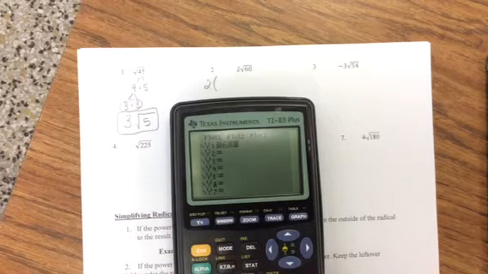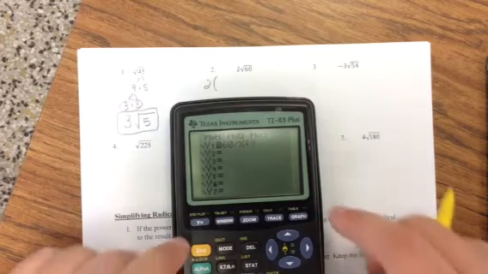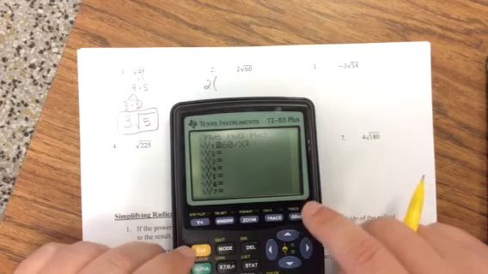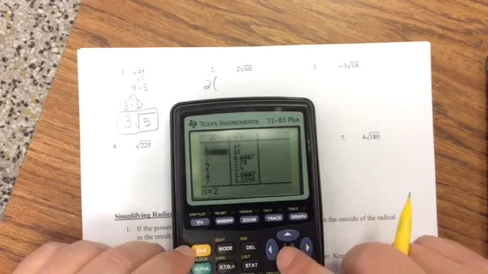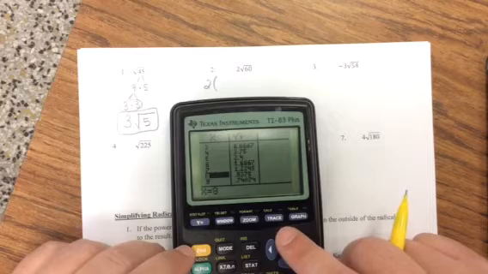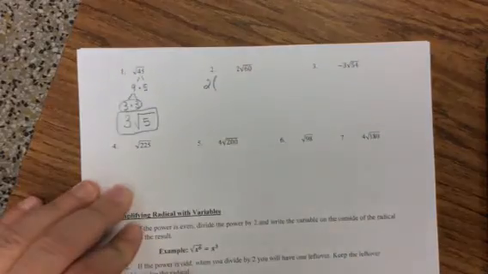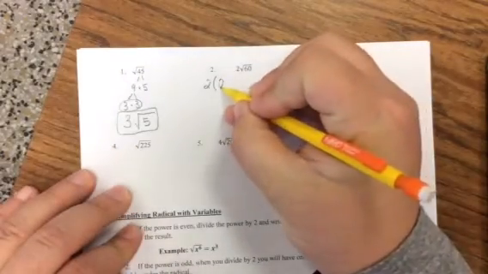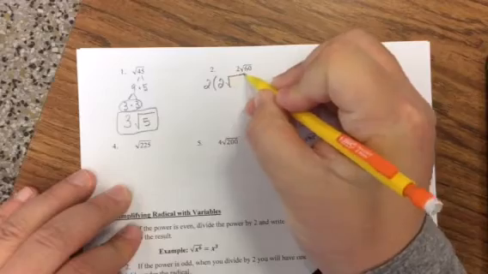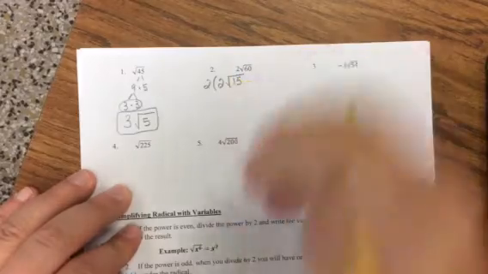I'm going to type in 60, and I'm going to divide it by x squared. All I'm looking for is my table, second graph. And I'm looking for the lowest number with no decimal. Well, here I'm below 1, so my lowest number with no decimal is 2 and 15. So, the 2 goes on the outside, and the 15 goes on the inside.